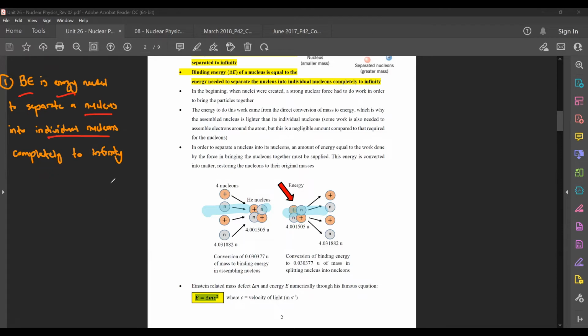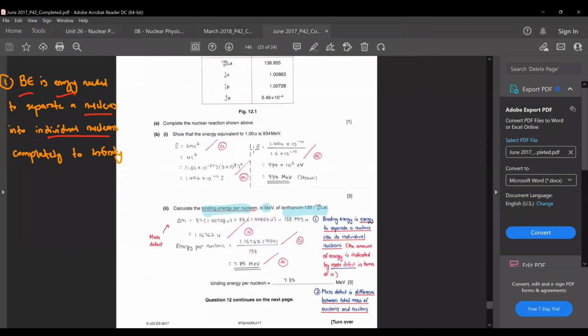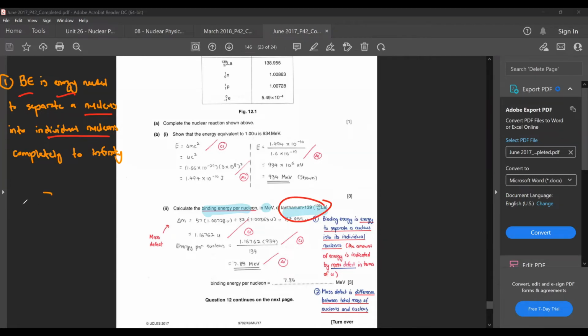So if you base on that definition, what it's actually talking about is this applied to lanthanum. All right, I'm trying to apply to lanthanum. Now, your lanthanum nucleus has 57 protons and how many neutrons? 139 minus 57 is 82 neutrons.